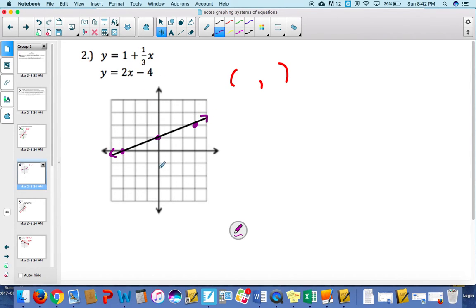The second line is starting at -4 for a starting point, and its slope is positive 2 over 1. Oh, I did not start at -4. I started at -3. So starting at -4 down here, up 2 over 1.